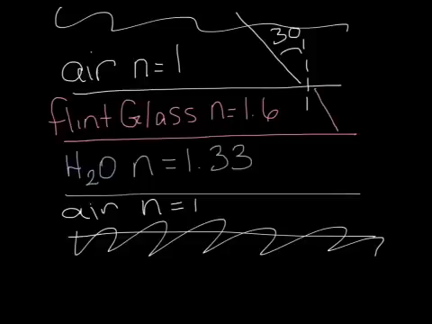And then we have it hitting the boundary between the glass and the water. Water is less, so that means it will bend out more. So each time it hits a boundary, the angle changes. So what we are going to look at is the first boundary, this air and flint glass, and see what happens there.